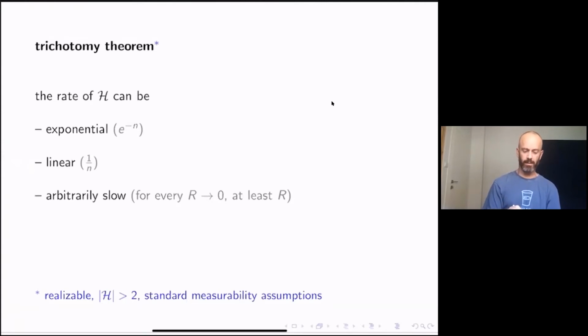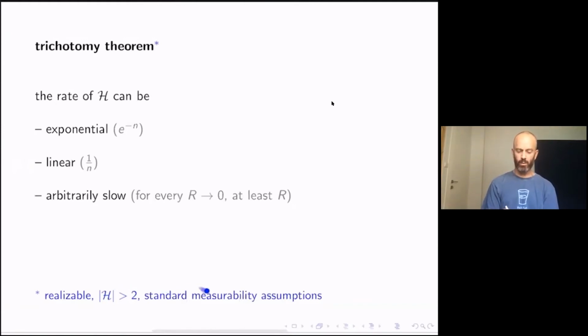Below there are three things I want to recall. First, this is true only in the realizable case. The proof is just for this specific case. Second, we need the class to have more than 2 functions. I will comment about this later. This is not very important.